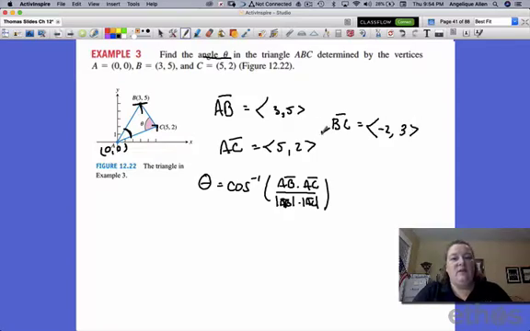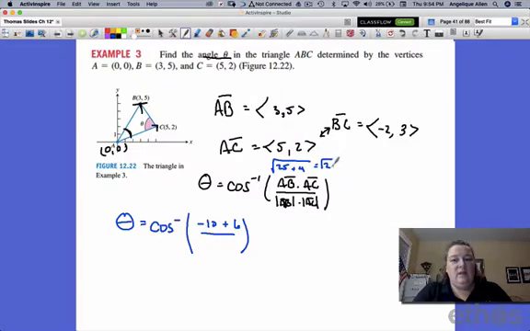So we'll find the angle between these two vectors, and that's going to be theta equals the inverse cosine of the dot product, so 5 times negative 2, and 2 times 3, and the magnitudes of AB and AC. So this is going to be 5 squared and 2 squared, square root of 29.